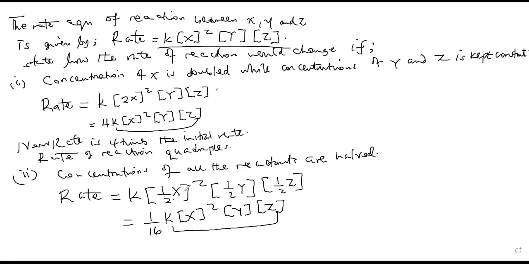Here, you need to know that the moment you say a half X then squared, this square affects the half and affects X. So it will keep X squared, but then this is a quarter. After squaring, this is a quarter times a half, that is 1/8, times another half, that is 1/16, which I've moved out.